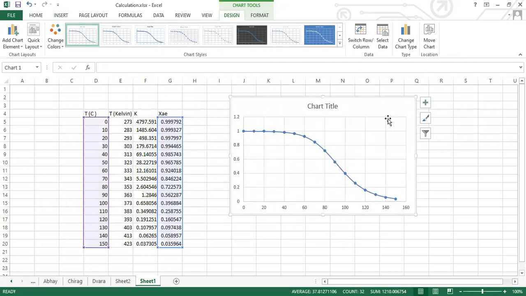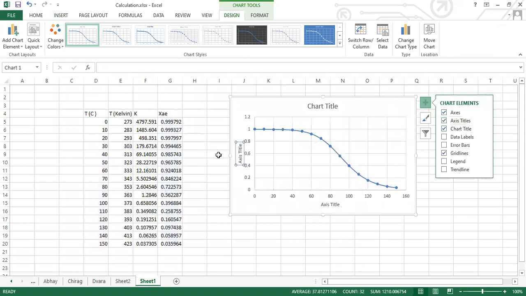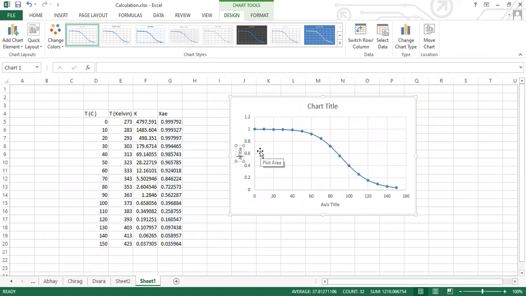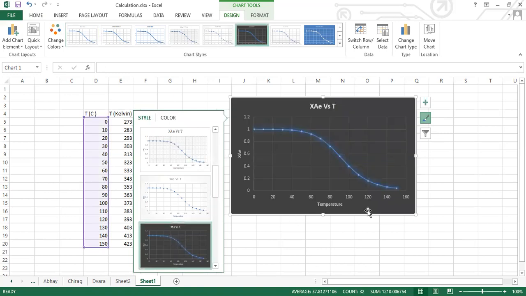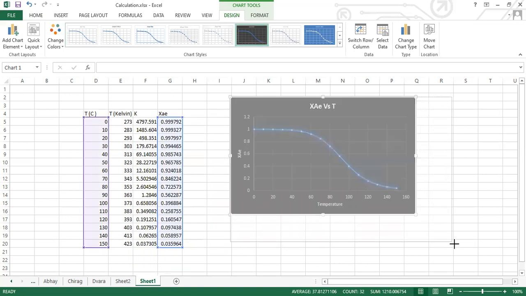You see the graph, X_AE. You see the value, you see the graph.